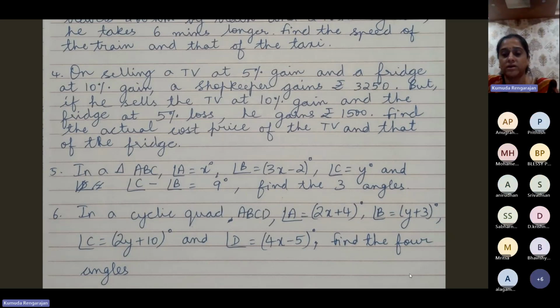Done, children? On the angles? Yes, ma'am. What are the angles? Angle A equals 70.